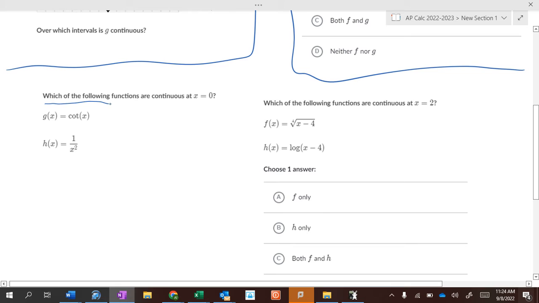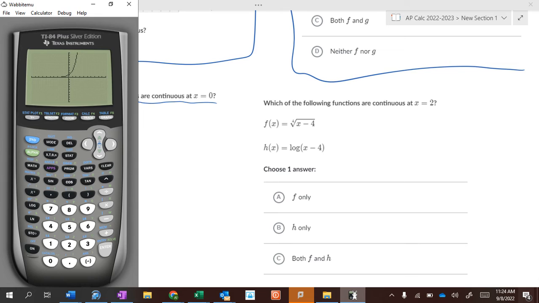Then it'll ask, which of these are continuous at 0? Is cotangent of x continuous at 0? I don't know if I would expect any of you to remember the exact way that's graphed. Cotangent is the inverse of what trig function? Tangent. So it's 1 divided by the tangent of x.